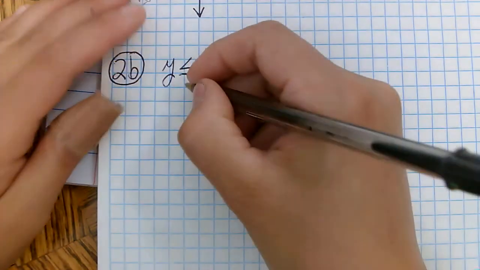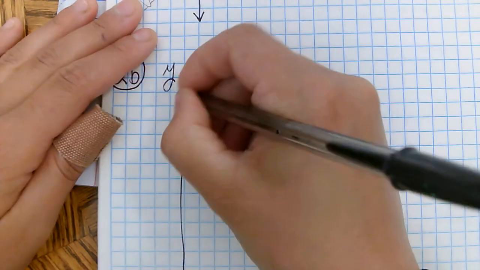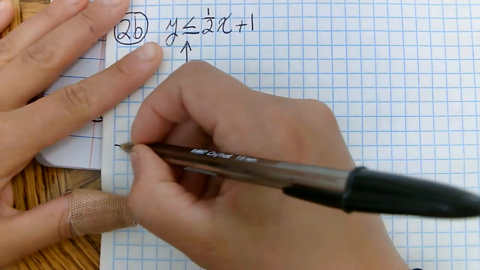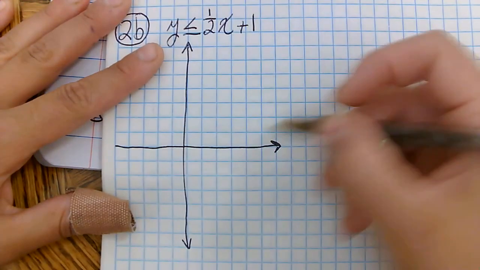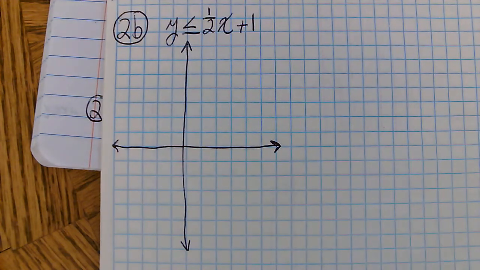And I'm going to draw my x and y axis. This one's not as straight, but that's okay. They can't all be straight. Good enough. So, I'm going to graph this as if it were a regular equation. Pretend it's y equals 1/2 x plus 1, and then you can graph it.